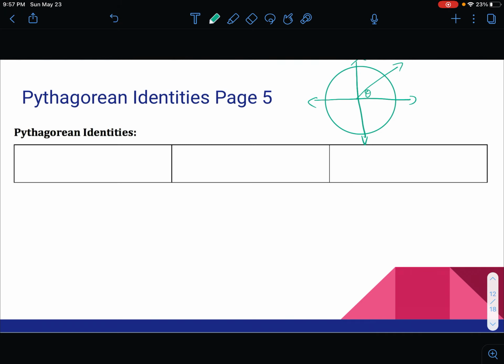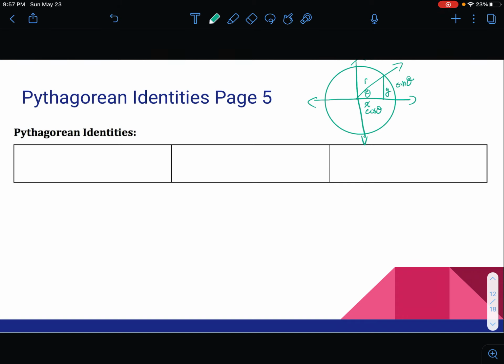Okay, so this is our R, or our radius. This vertical piece here would be our Y, which is the sine of theta. And this would be X, which is the cosine of theta. And the center here is at 0, 0.